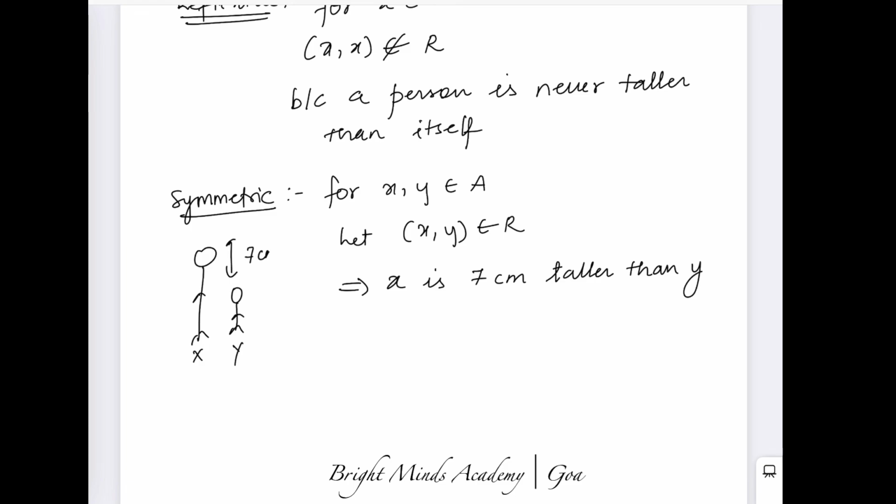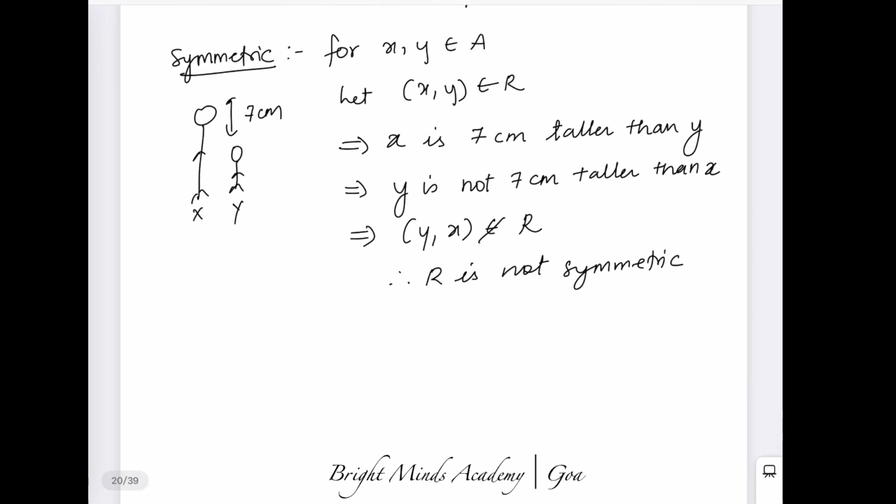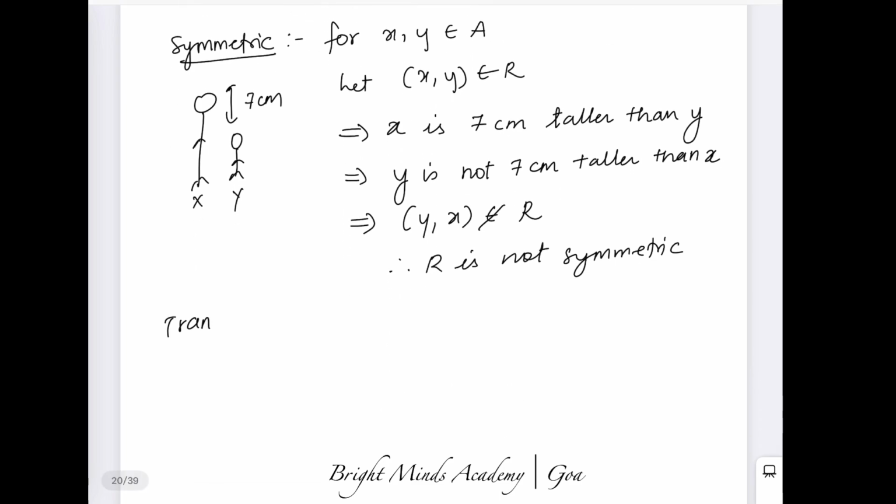Clearly x is 7 centimeters taller than y. But is y taller than x? No. So y is not 7 centimeters taller than x. This implies that (y, x) does not belong to the relation R, therefore R is not symmetric.